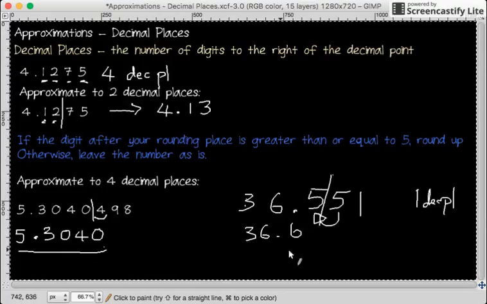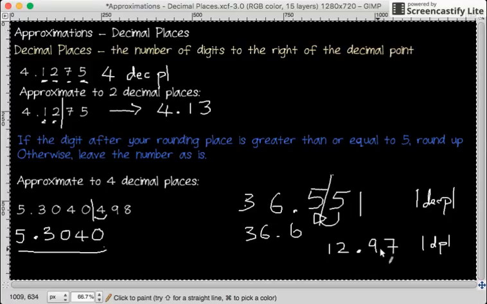Let's do one last example. Again, we're going to round to 1 decimal place, and this time we have 12.97. Again, we do the cutoff right after the 1 digit after the decimal point. Is the next digit 5 or greater? Yes, it is. So that means we have to raise this by 1. But when we raise this by 1, it becomes 10. So what do you think happens?